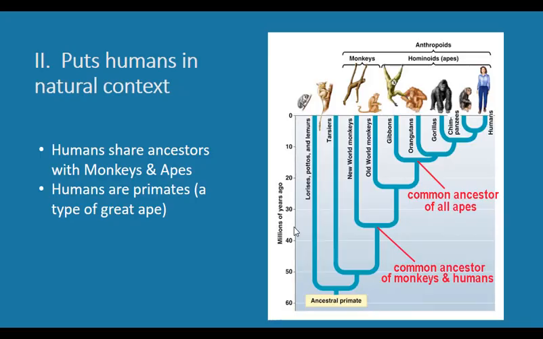All right, so one of the chief values of evolutionary theory for psychology is it puts humans in this larger natural context. So humans aren't understood as something different from animals, but as a type of animal. And so you can see here that there was an ancestral primate back in the day, as it were, millions of years ago.